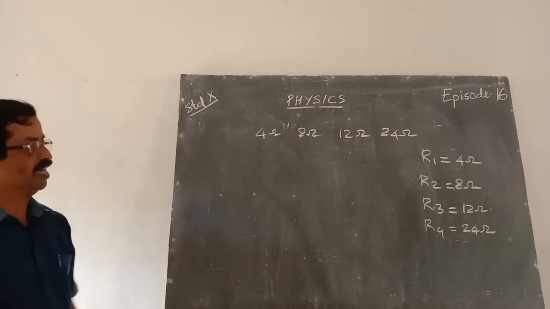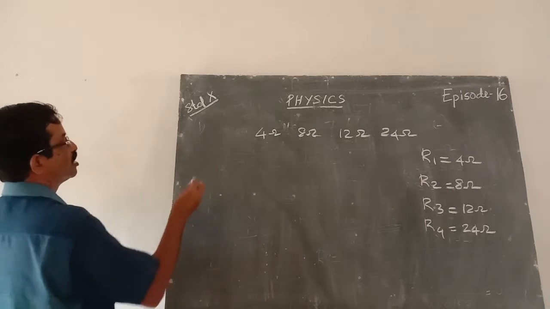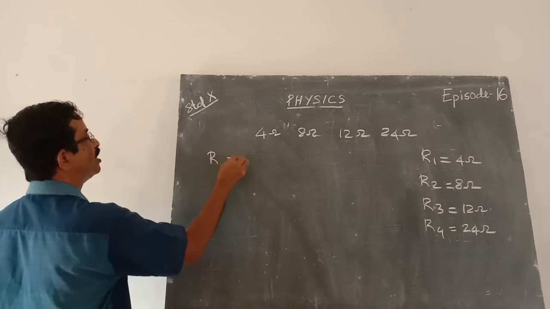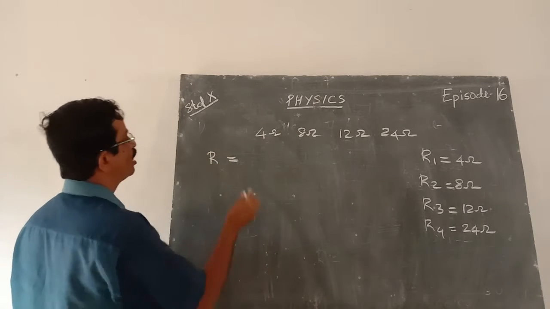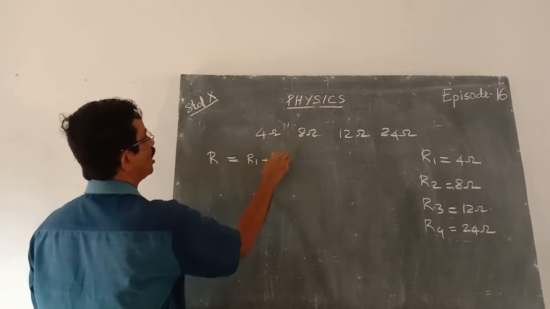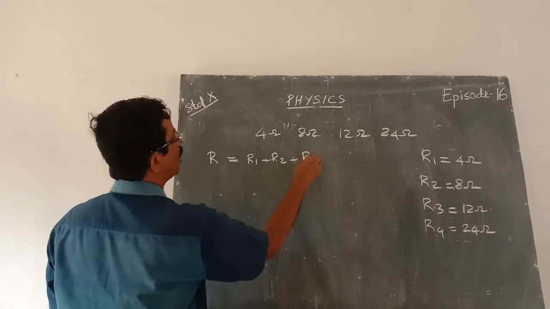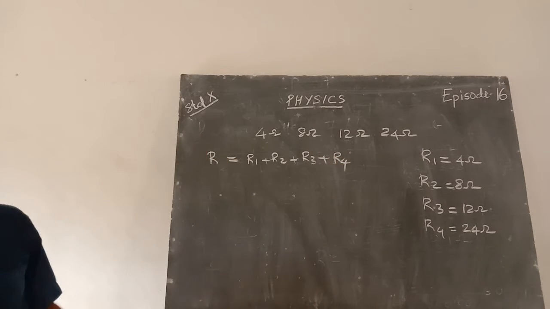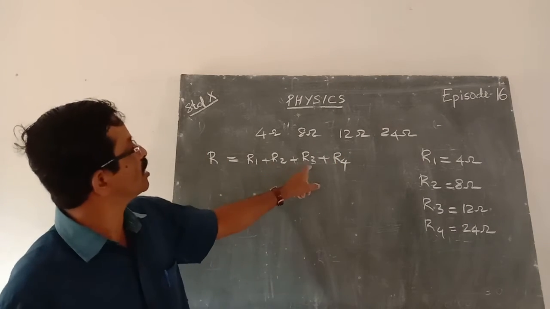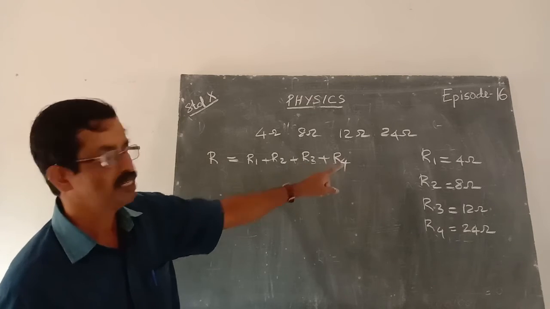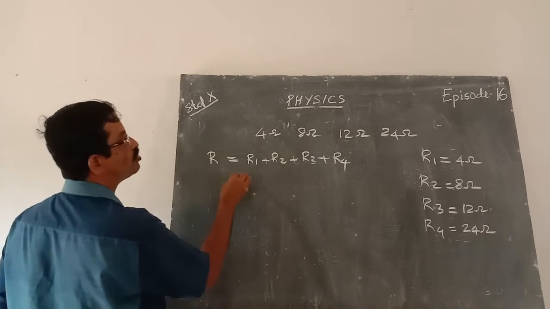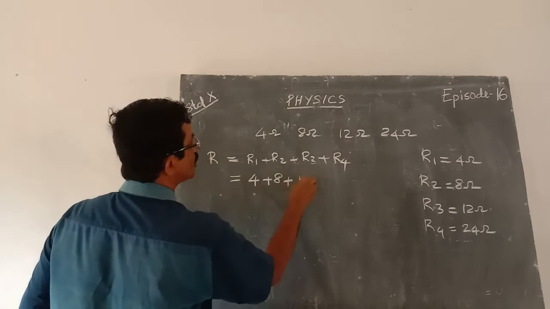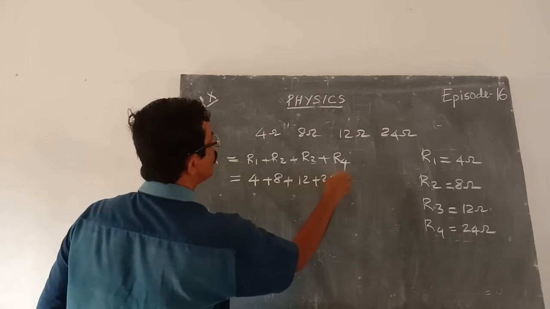Now we can connect these resistors in series to get maximum resistance, that is R is equal to R1 plus R2 plus R3 plus R4, that is equal to 4 plus 8 plus 12 plus 24.